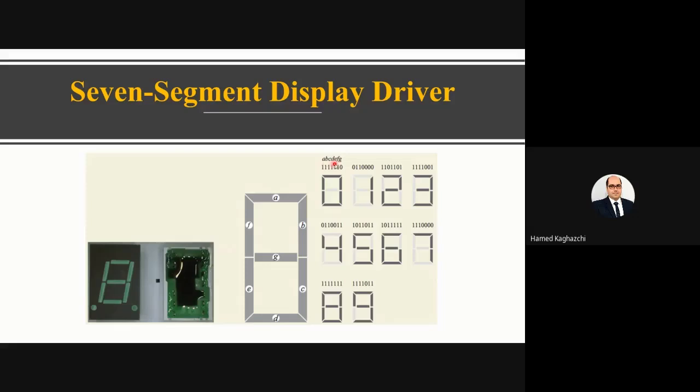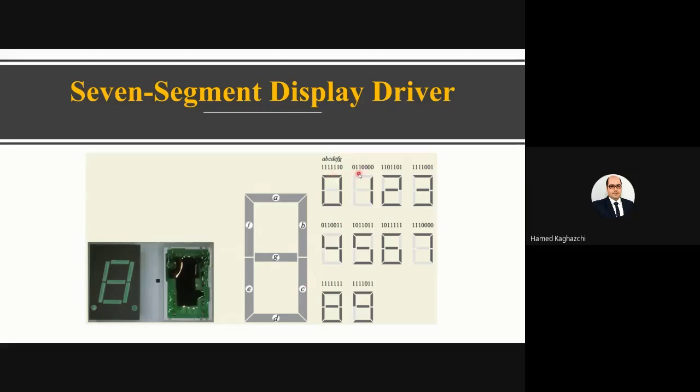A, B, C, D, E, F, G: 1, 1, 1, 1, 1, 1, and only G is 0. In the case of 1, again, I look at the LEDs. For representing 1, I need to turn on the B and C LEDs.